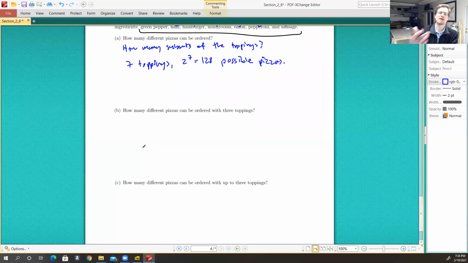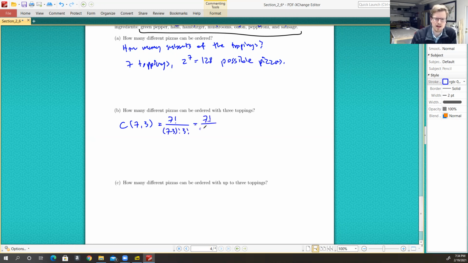So when order doesn't matter, we use the idea of combinations. So we want to choose from 7 items, 3 of them. 7 choose 3. Combinations of 3 items from 7. Okay, different ways to say it. So that's 7 factorial divided by 7 minus 3 factorial times 3 factorial. So that's 7 factorial divided by 4 factorial times 3 factorial.